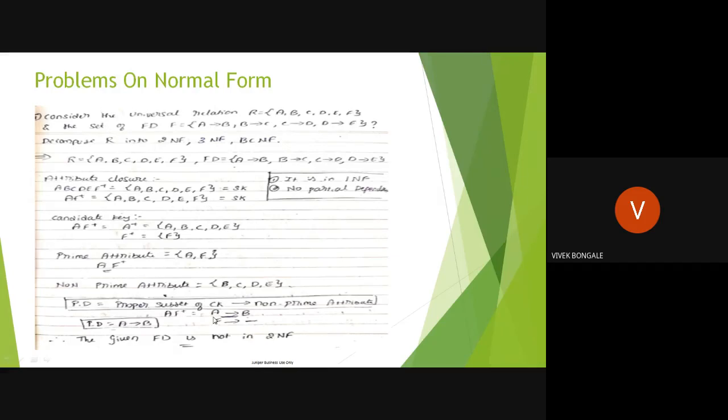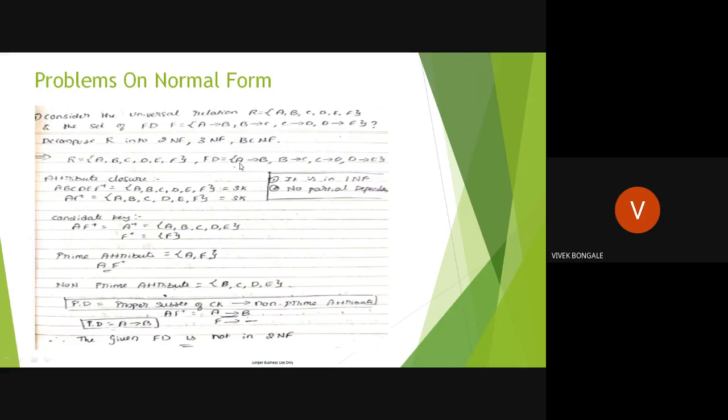Here A is determining B, right? A determines B. So we have to check whether this B is in the non-prime attributes. Yes, B is there. In the given functional dependency, A determines B, and A is involved in the candidate key.